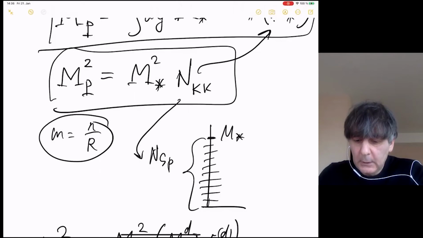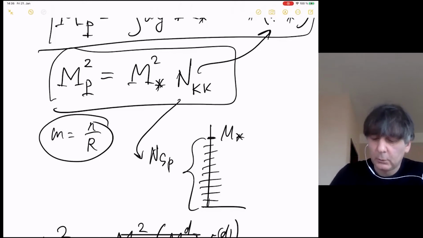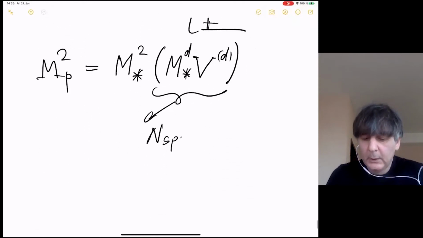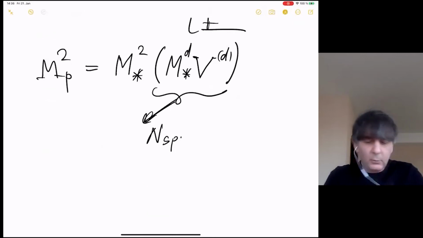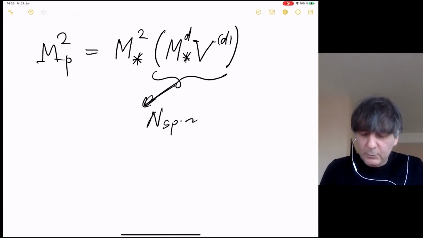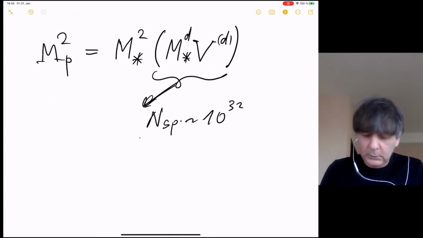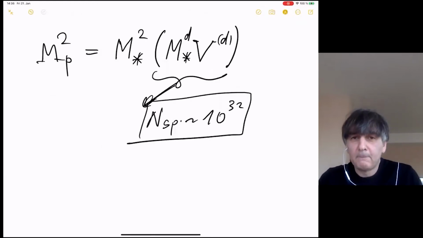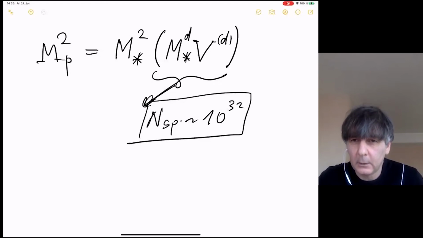This number is invariant. It has to be 10 to the 32. So whatever construction we do, with large volume compactification, the number of species must be 10 to the 32 in order for this to be relevant for addressing the hierarchy puzzle.